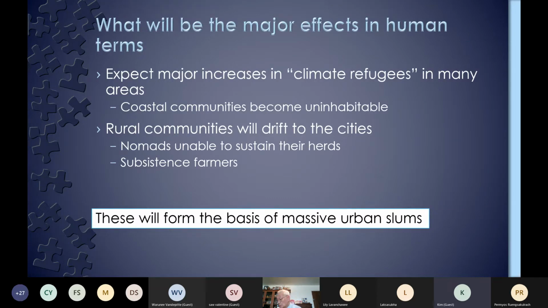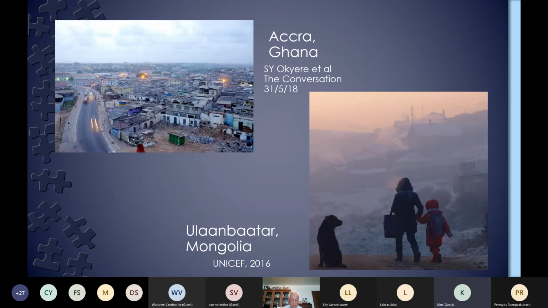And that is not just in tropical countries. The photograph on the right here is from Ulaanbaatar, where I've just returned from. And the photograph belies the extraordinarily high rate of pollution in that city at the moment, especially in winter. One of the problems in Mongolia has been a drift of people from the semi-nomadic existence that is their traditional lifestyle into the city.